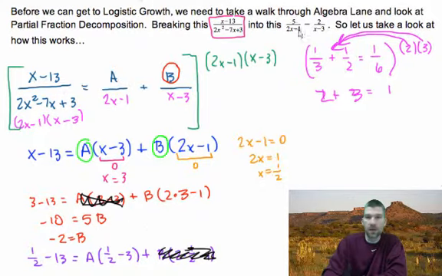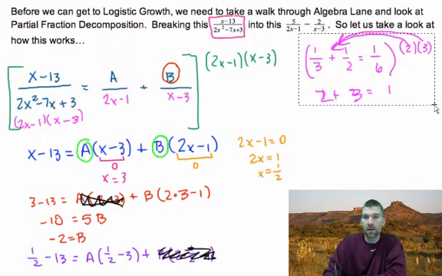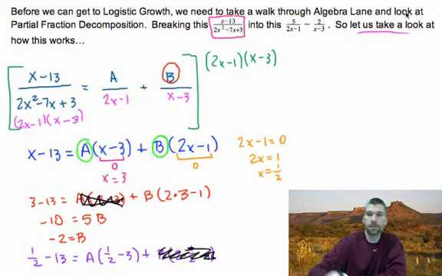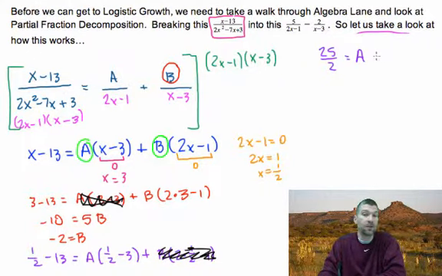I need some space to work, so I'm going to get rid of this up here. I'm going to finish this problem up here, and I'm going to have 1/2 minus 13. What would that be? That would be negative 12.5, so negative 25 halves is equal to a times 1/2 minus 3.